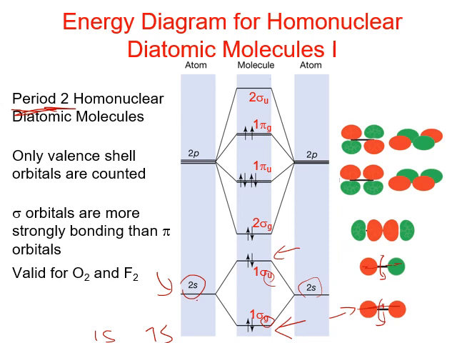Now the 2p orbitals, px, py, pz: if the atoms approach each other along the z direction, then the pz orbitals form sigma g bonding and sigma u anti-bonding.